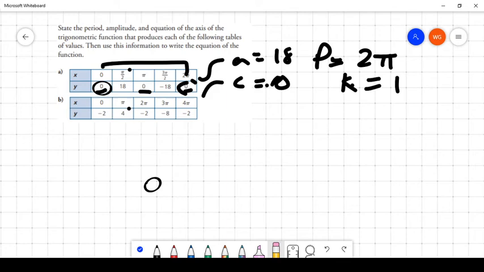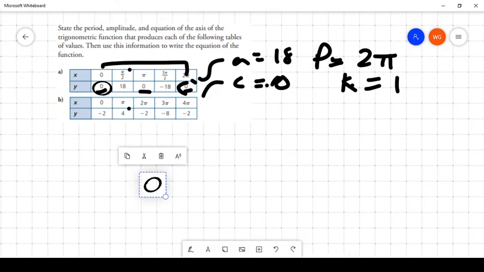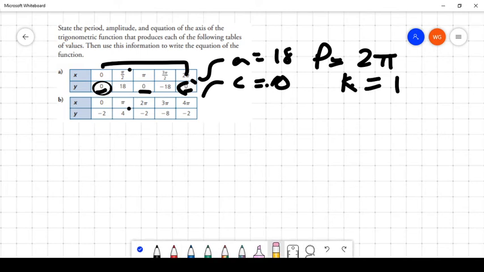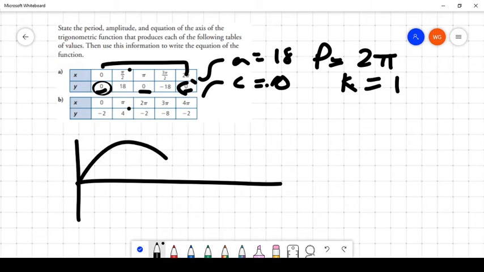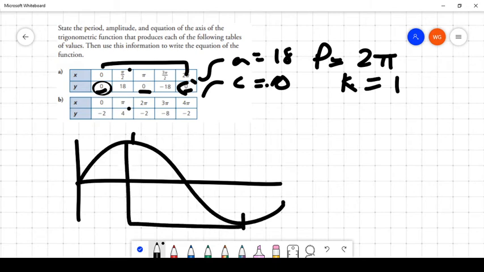Well, another way that I like to do it is I like to know this fact, and it's a true fact for any sinusoidal graph, that the horizontal distance between its peak and its trough will always be 1/2 of the period. Okay, so if you know how much horizontal distance there is between a peak and a trough, then you know 1/2 the period. So if you want to know the full period, you just times that by 2.